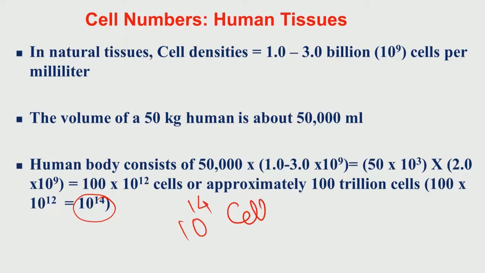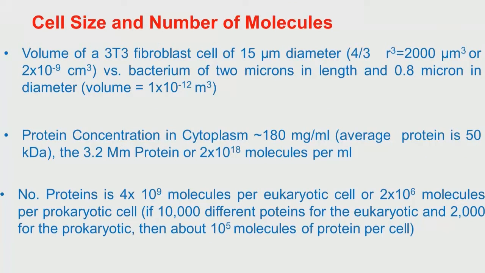These numbers also depend on the body weight of a person, but roughly this order of magnitude is important, so that you have an idea of how many cells typically are present in the human body.